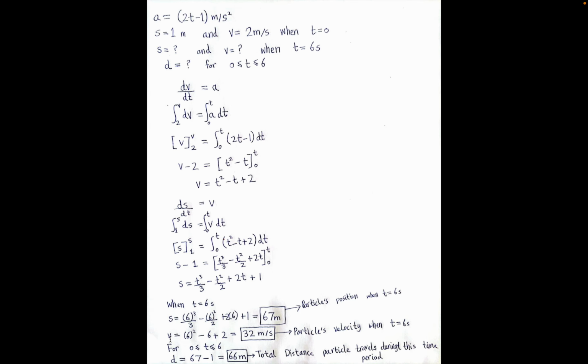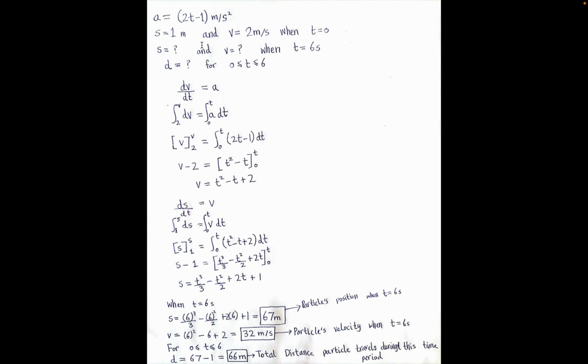In displacement, you can see it says 67, which also includes the 1. That 1 meter was already covered, and then the particle further travels from the initial point, and at 6 seconds it's at 67 meters.